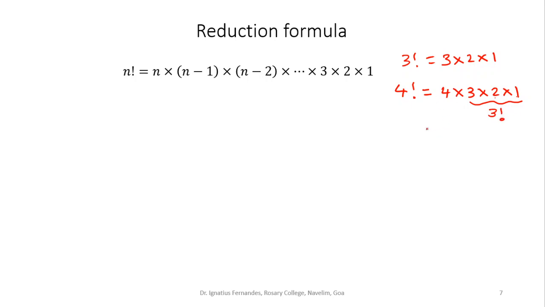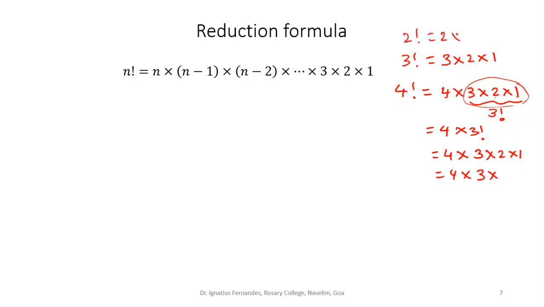So I can write 4 factorial as 4 into 3 factorial. Now 3 factorial is 3 into 2 into 1, so this is 4 factorial by definition. I could have also written this as 4 into 3 into 2 factorial, since 2 factorial is 2 into 1.